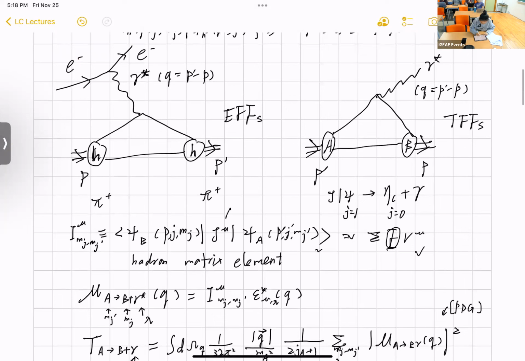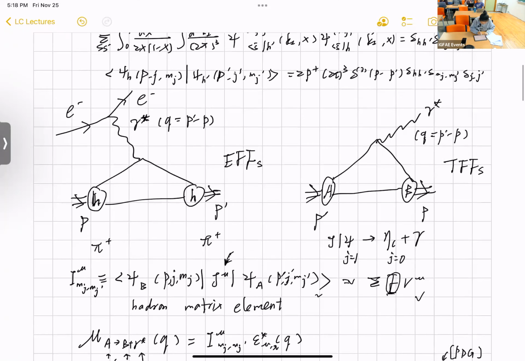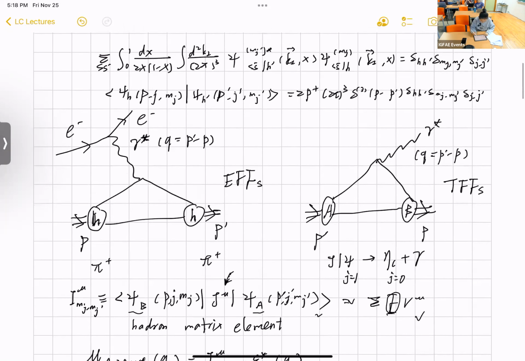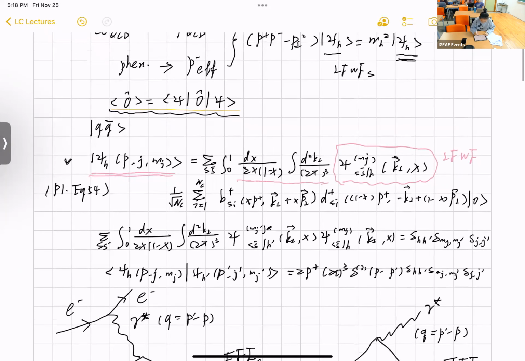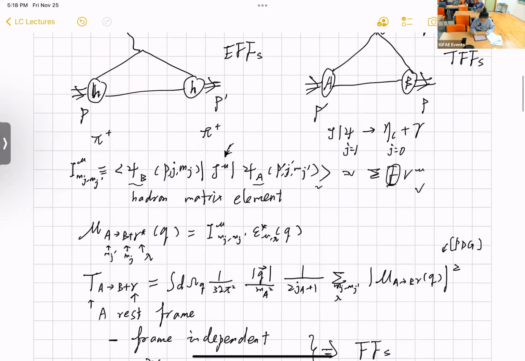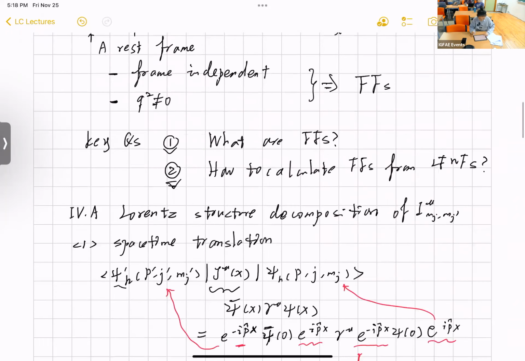We already know J mu, that is the electromagnetic current, psi bar gamma mu psi. And we have also written out the psi, the meson state, in the form of the Fock space representation, even for the q q bar sector. Now, what we need to do is just put all these pieces together.